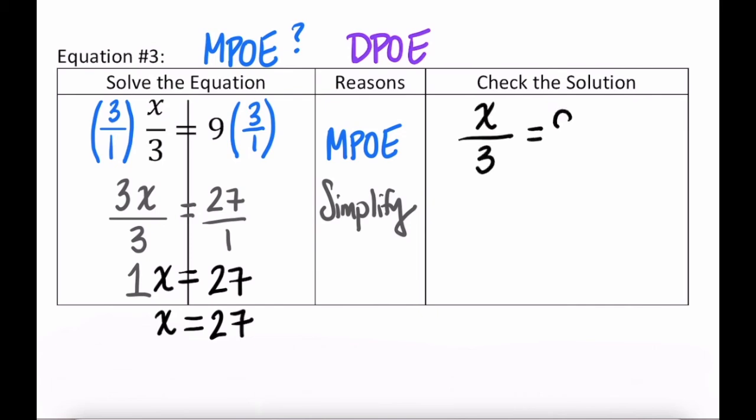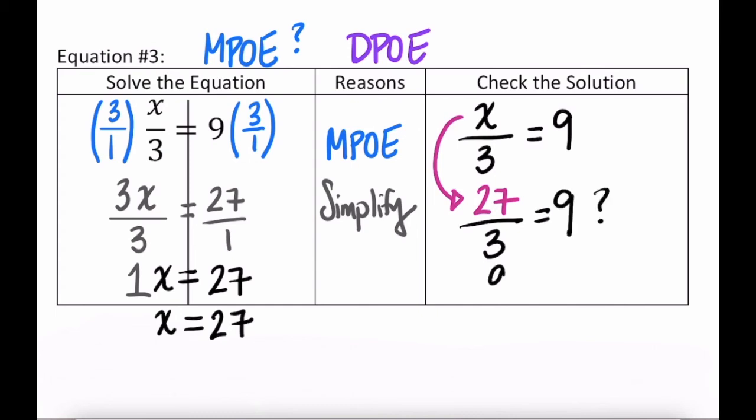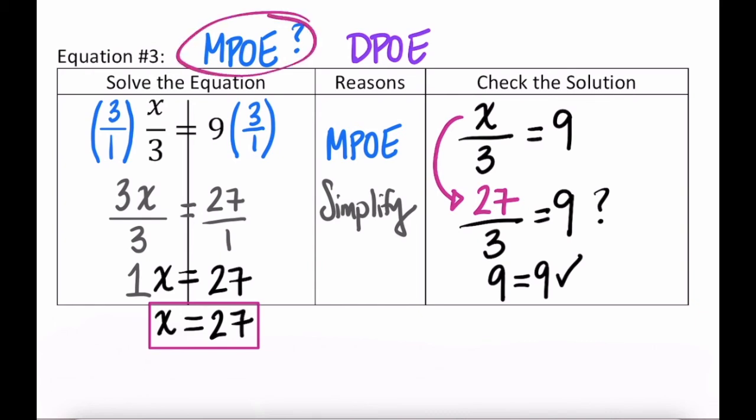So taking our original equation, we're substituting in 27 in the numerator of this quotient. Let's see. Does 27 divided by 3 equal 9? Yes, it does. 27 divided by 3 does equal 9, which means 27 is the solution to this equation, and we used MPOE to solve.